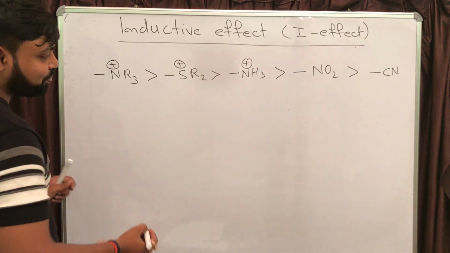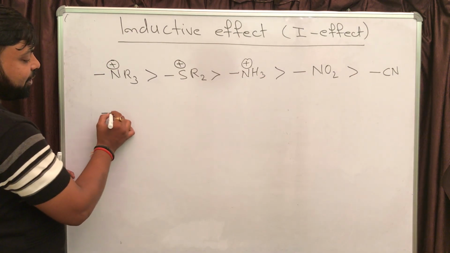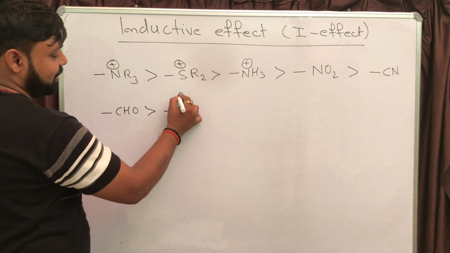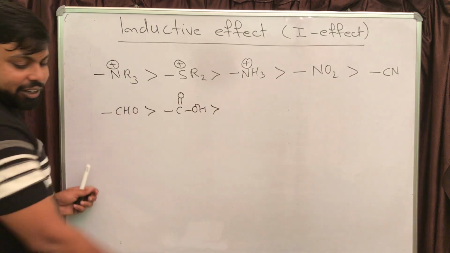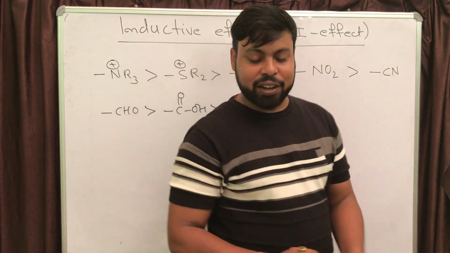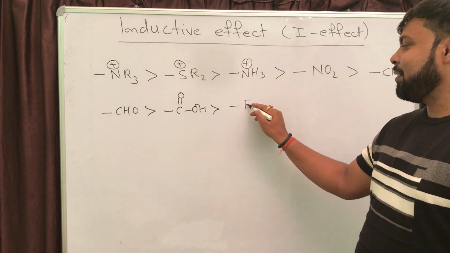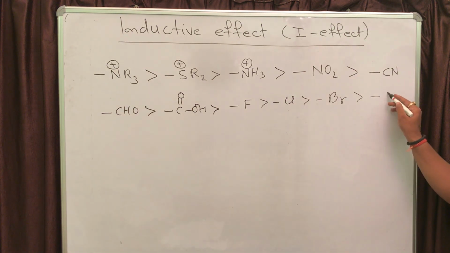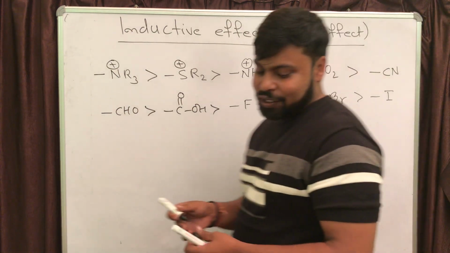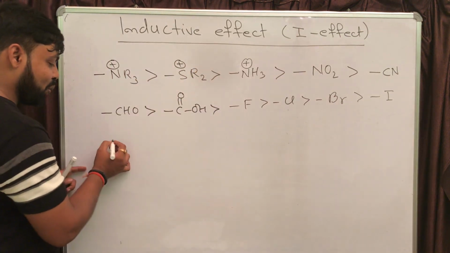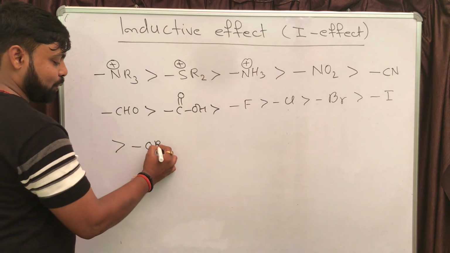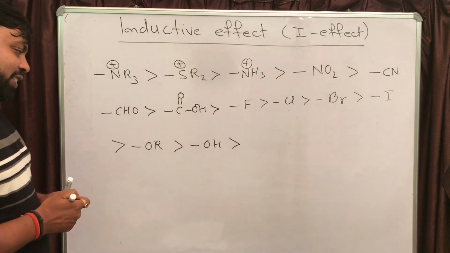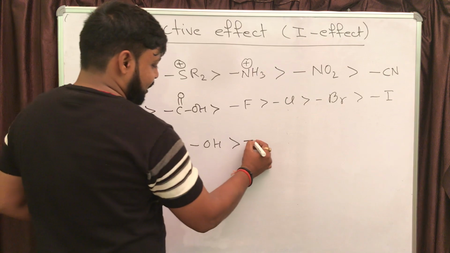Next is aldehyde, CHO. Next is acid. Next you can write the halogens: fluorine, chlorine, bromine, iodine. And the next one is OR, ether group. Next is alcoholic group. Next one is triple bond, alkyne.